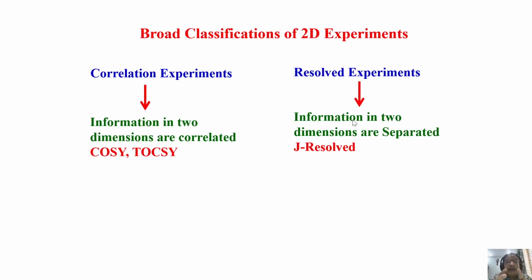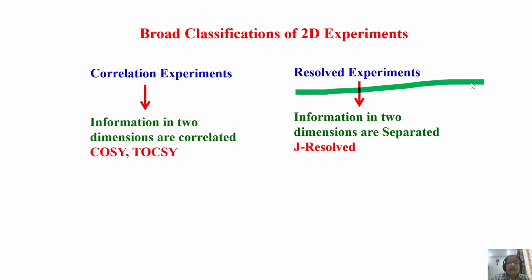Remember, these 2 parameters are invariably present in your spectrum. They come as a pair. You cannot avoid that. But is there any way I can resolve it? This is called a separation type experiment. Here I can resolve them. I can separate out the 2 parameters.